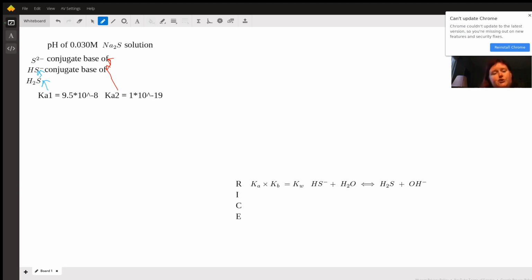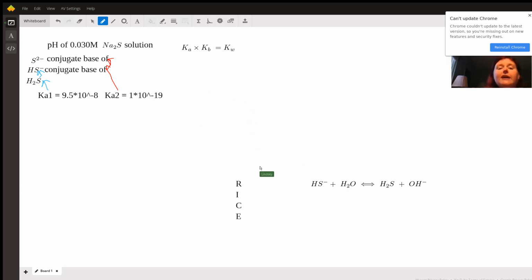So which of these are we interested in? Well, at first glance, the substance we're interested in is the sulfide ion. So we actually need Ka2 to do this problem. Because this is a base and these are Kas, we're going to need to change between Ka and Kb.